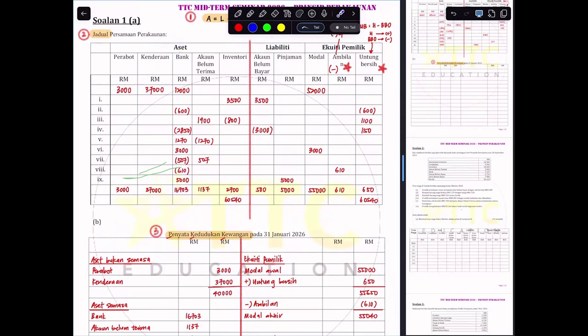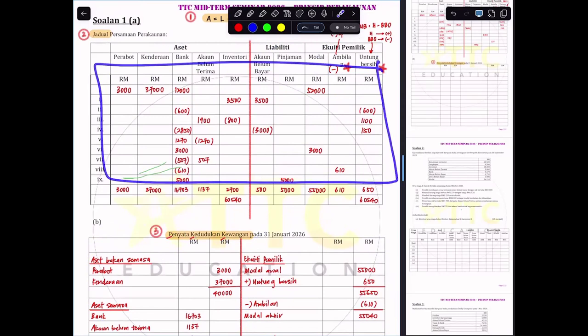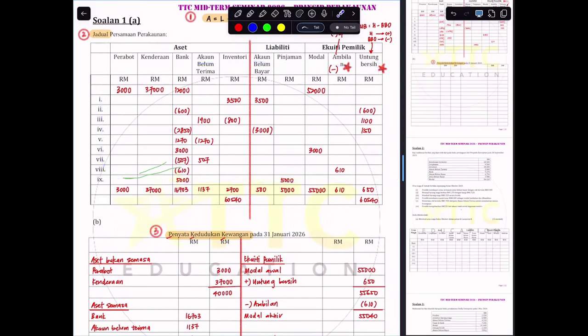Okay, then what you need is don't take the transaction ever already because the transaction is only accountant's job. Boss don't need to care about, don't bother at all what kind of transaction we are doing. Boss only concerned about the total only. So only take the total for PKK. The rest no need.